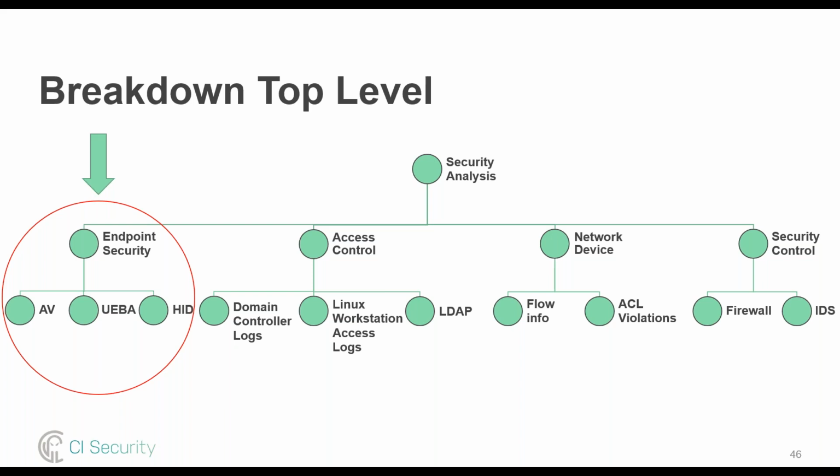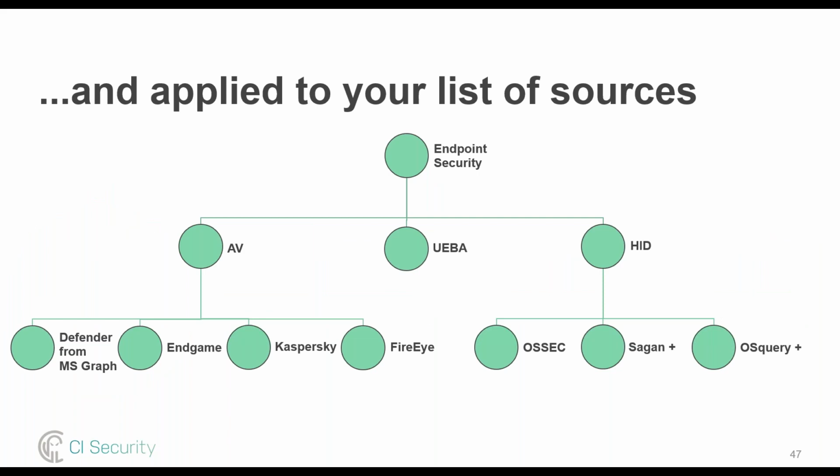If we were to break down a little bit on the endpoint bits here, you start to see the actual output of this abstraction categorization process. So in endpoint security, there are more categories than I have listed here, but let's say AV, UEBA, and host intrusion detection systems.